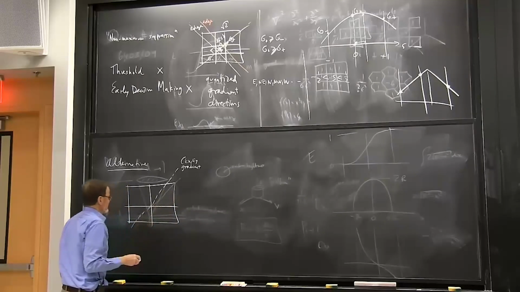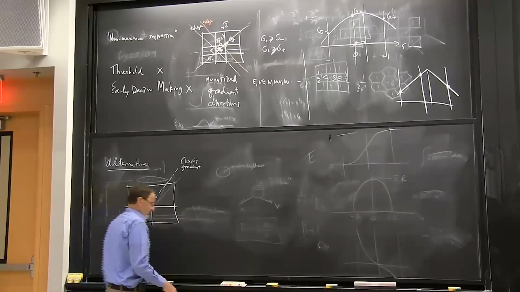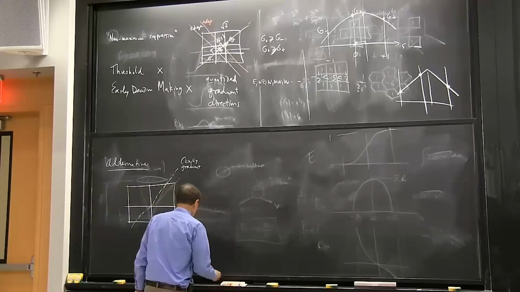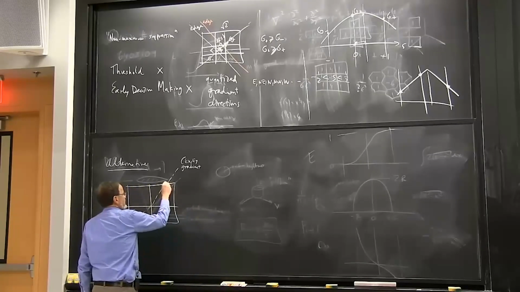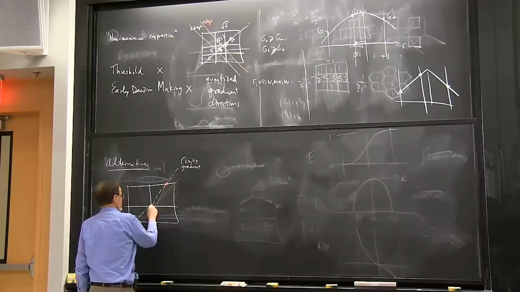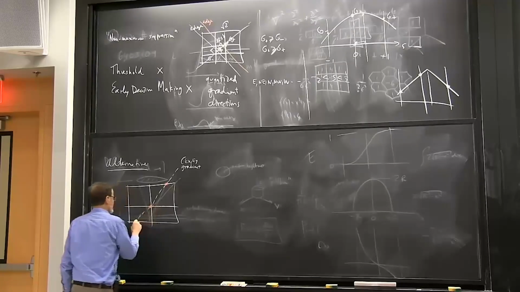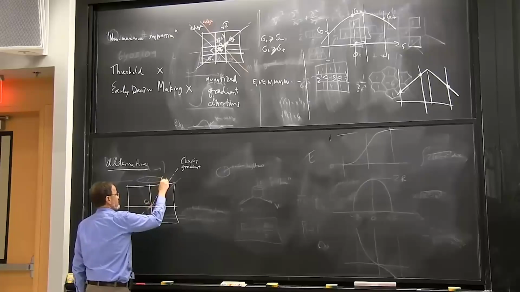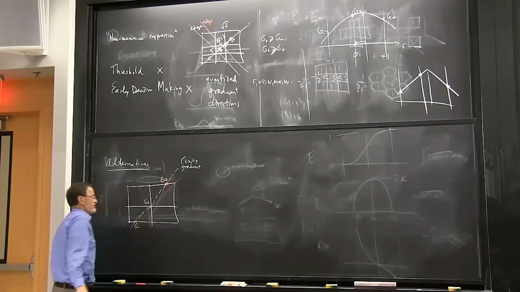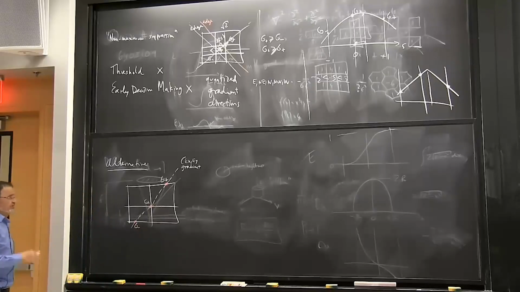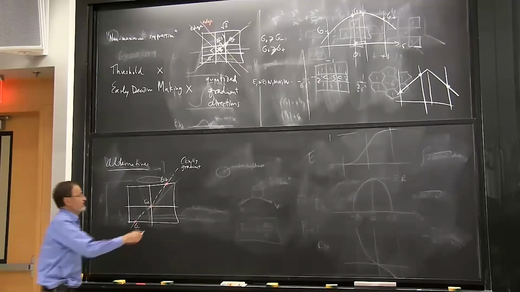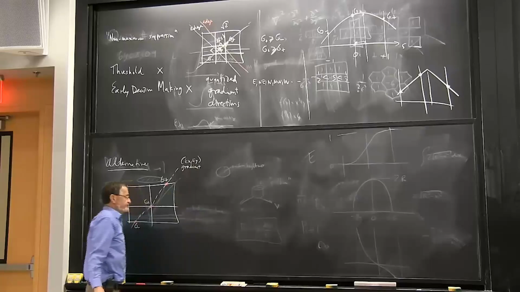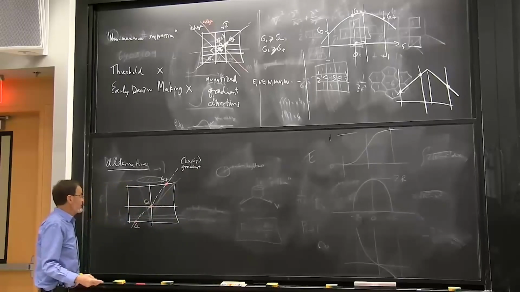But let's instead say, well, how about this? How about if I figure out, if I knew what the value was there, I know what the value is here, how about this arrangement? So this could be G0, and that's G plus, and that's G minus. Then I would avoid the quantization of gradient direction. And how do I do that?